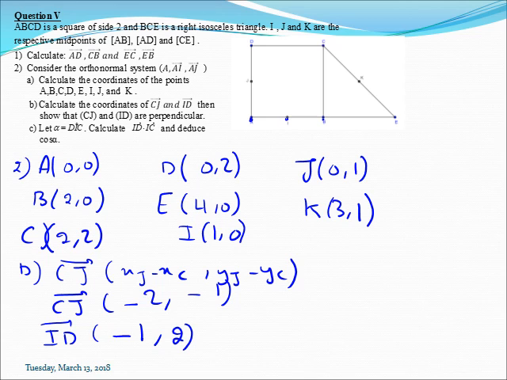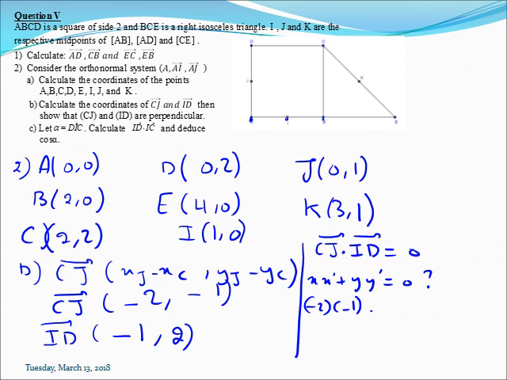Now show that CJ and ID are orthogonal. CJ and ID are orthogonal if CJ dot ID equals 0, that is x x prime plus y y prime equals 0. Let's try: minus 2 times minus 1, minus 1 times 2, equals 2 minus 2 equals 0. Then we can say that CJ and ID are orthogonal.